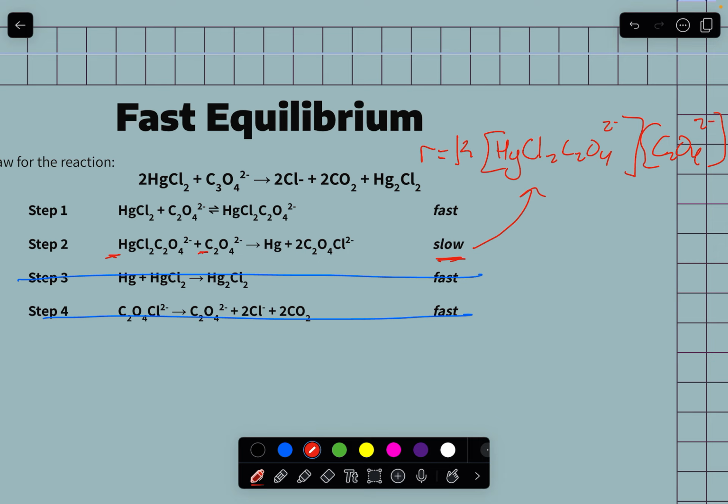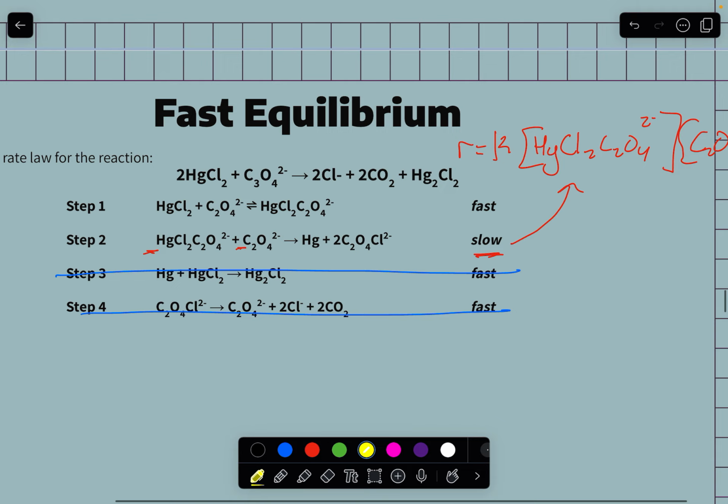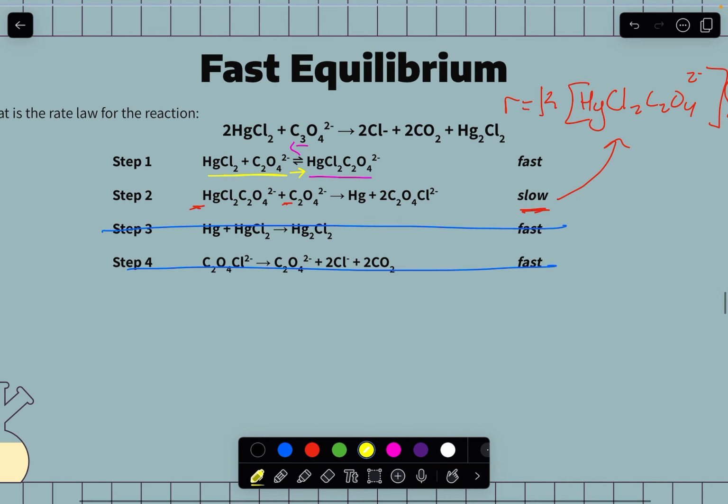Our third step is to set the rate of our forward reaction, these are the reactants, equal to the rate of the reverse. For the reverse reaction, we're going the other way, so our product is the reactant there. For the forward reaction, we would have rate equals K times our reactants.